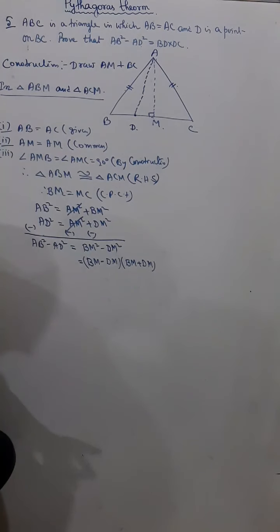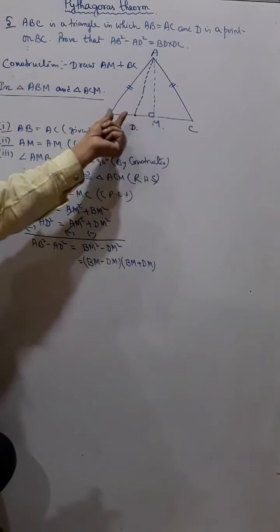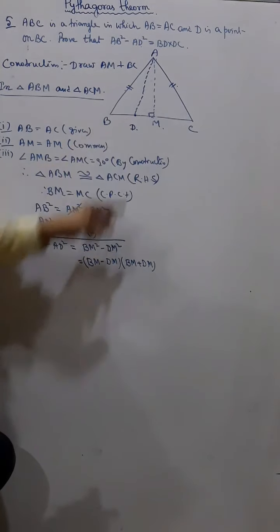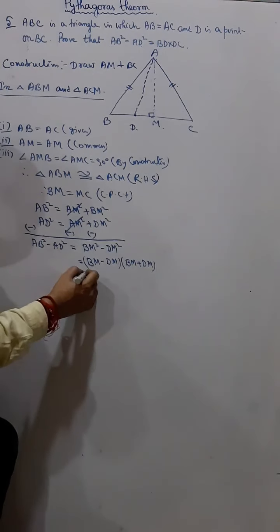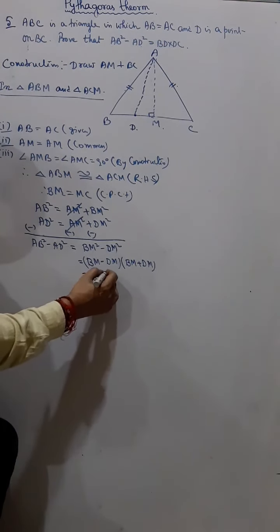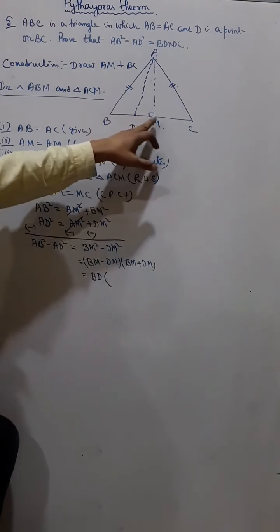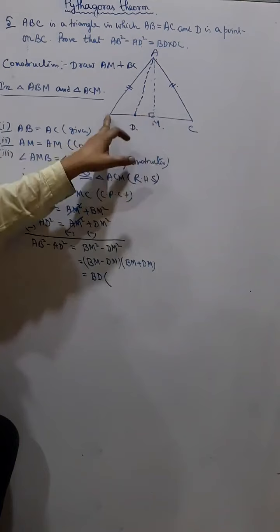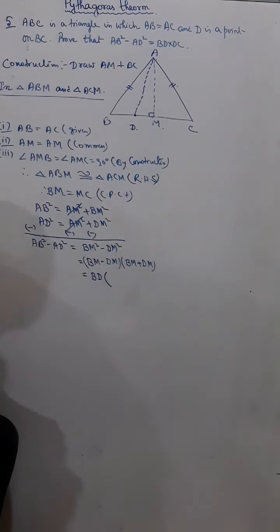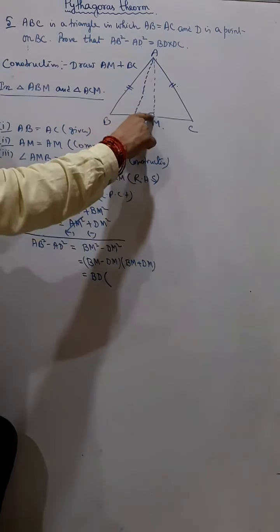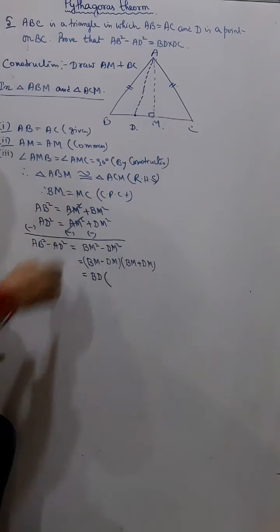Now you can see here BM minus DM. Clearly BM minus DM means BD. So you got BD, and that BD is required. And now try to understand, here we have BM plus DM, but BM plus DM you cannot make it anything. But in place of BM, you can put MC, because BM equals to MC, CPCT.